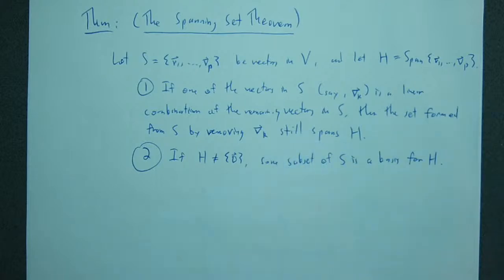Eventually I will toss out all the redundant vectors, and I'll be left with a set that spans H and is linearly independent, and so by definition it's a basis.